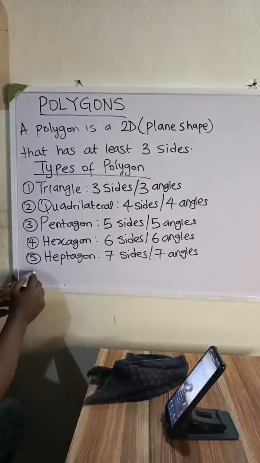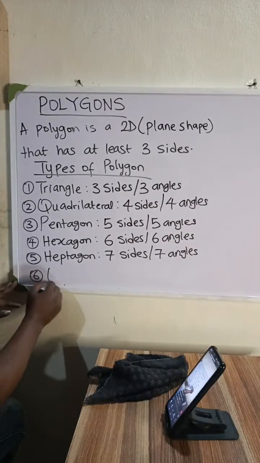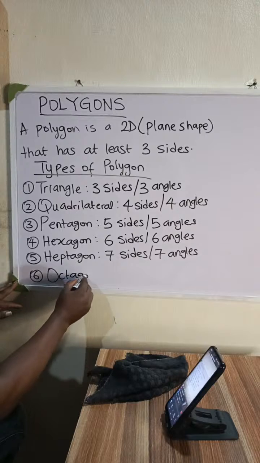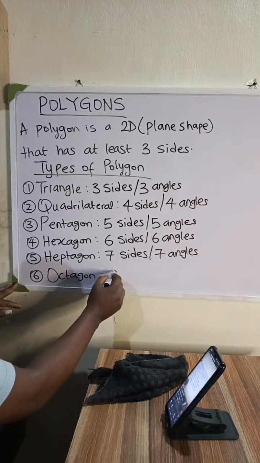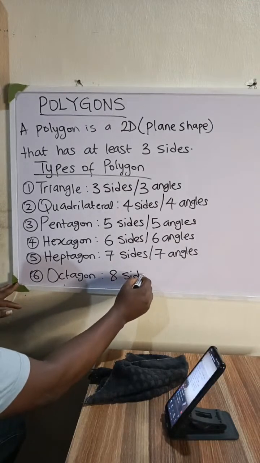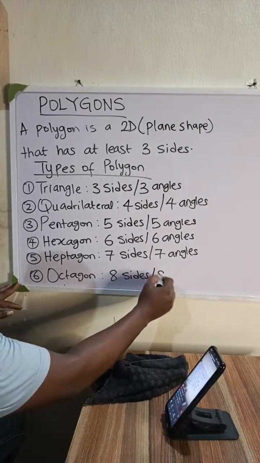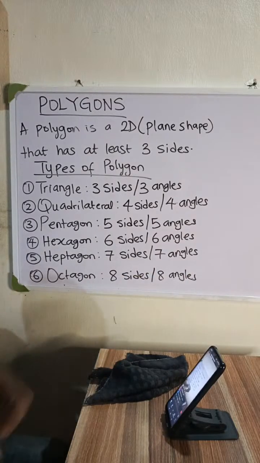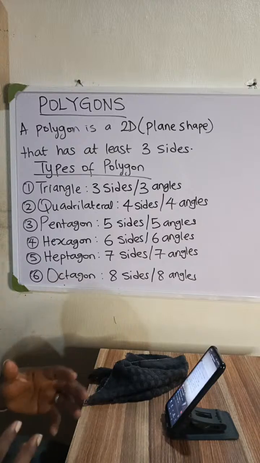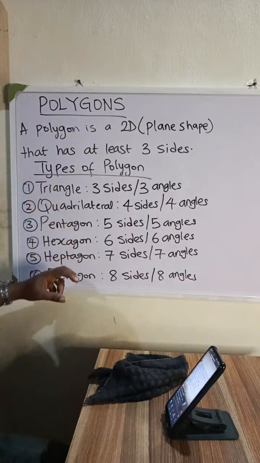We have octagon. An octagon has 8 sides, 8 angles. So what I would like you to do, if you've not seen these different shapes before, so that we don't spend more time in the introduction, at the end of the class, just go back to Google and look for pictures of these different shapes.